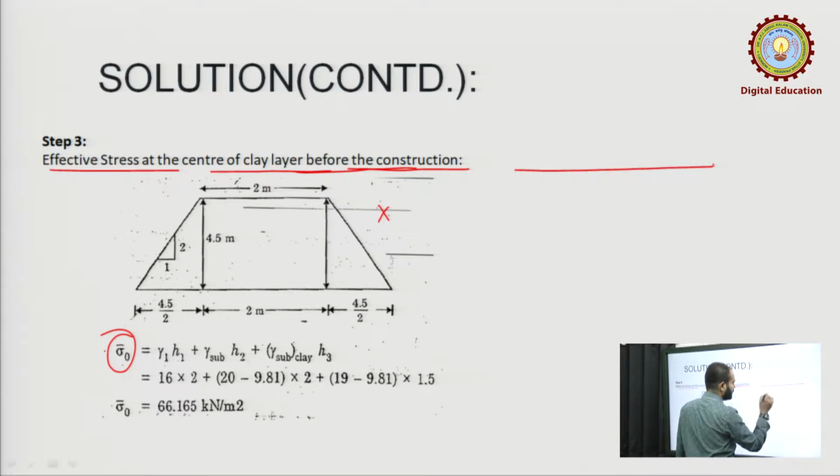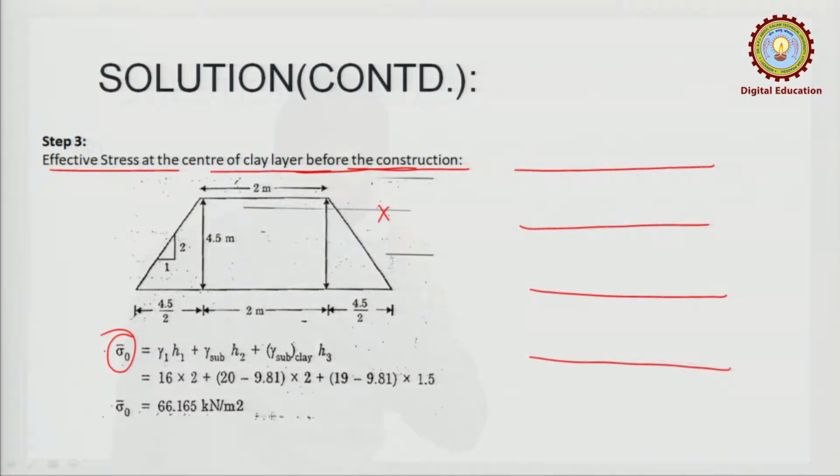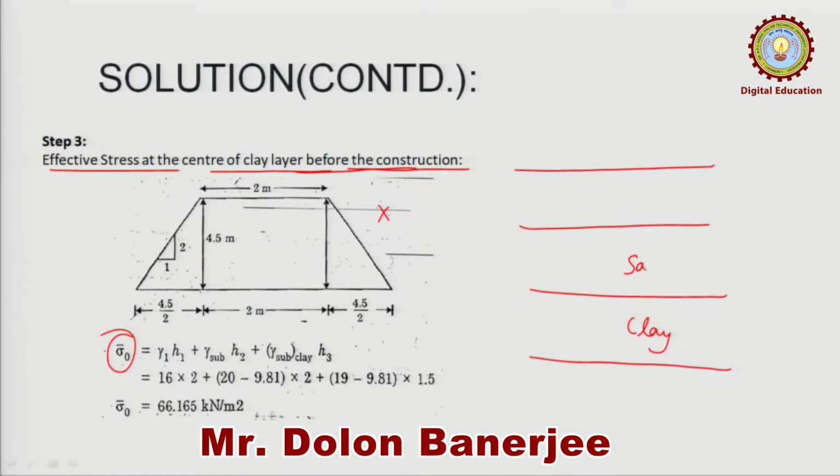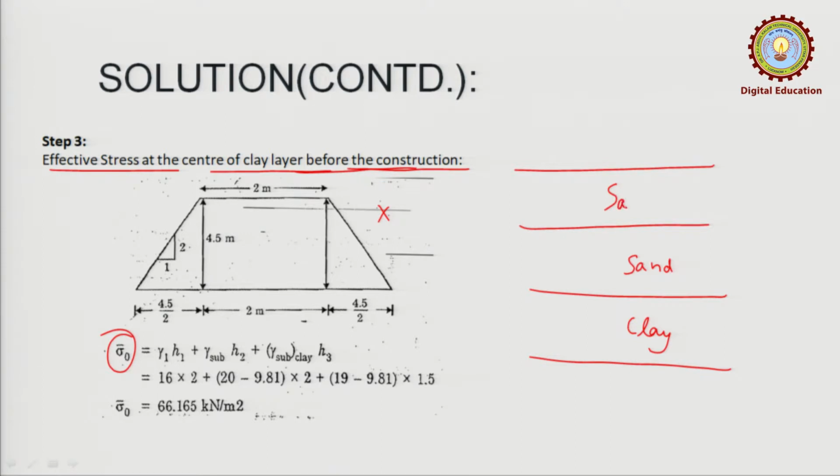Let me roughly make the diagram which was given in the question. It was clay here, sand here as well. Okay. And what was the gamma? This was 2 meter, this was 2 meter, this was 3 meter, and gamma here was 16, okay, kilonewton per meter cube.